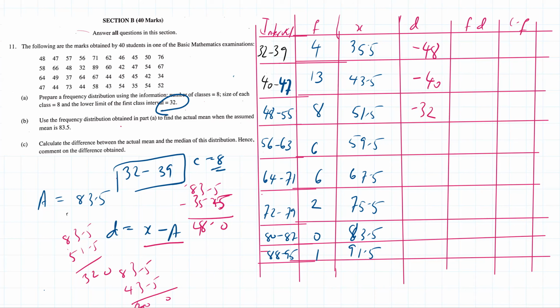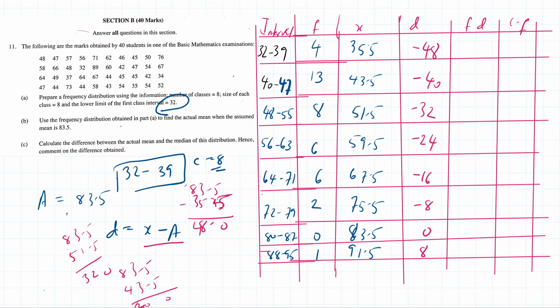So I can just reduce by 8 here: negative 24, negative 16, then negative 8, then 0, then positive 8. So that is the deviation D, dear students.